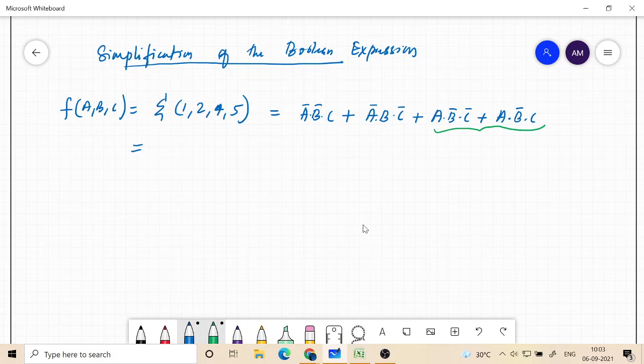So that looks like we can apply a distributive property, right? Once you apply the distributive property, then we can see whether we can get a more simplified expression. Any other such things? Let's see whether you compare two terms, if only one particular literal is changing, otherwise everything is same. So check for other possibilities.